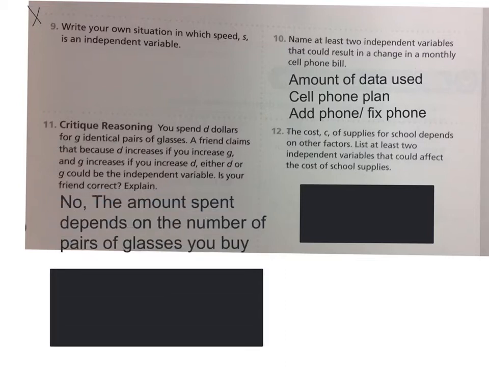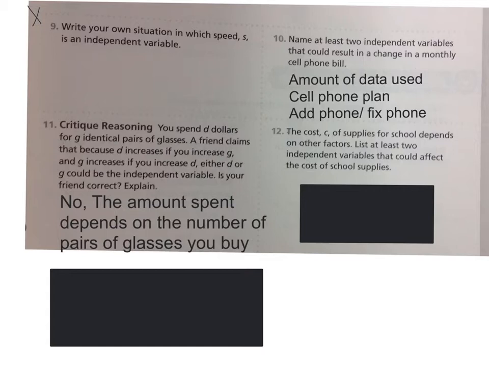We could say no, the amount spent depends on the number of pairs of glasses you buy. So actually, D, the amount you're spending, is dependent on G.